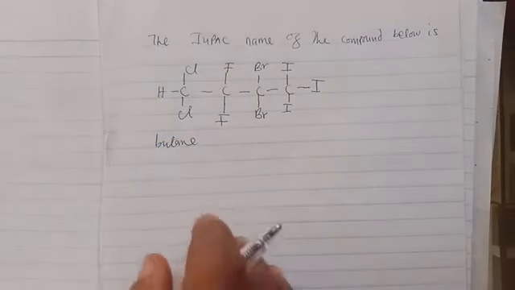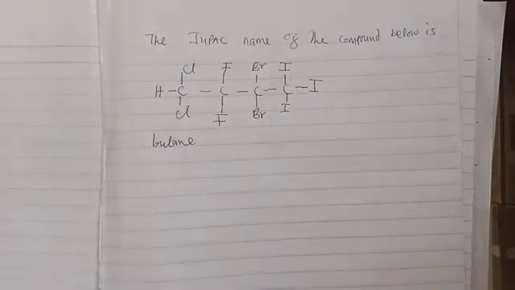Now, second is to number this chain from the side that give the functional group the smallest possible number. But if you look at the functional groups that we have, majorly there is no distinct functional group here. All the substituents we have there are halogens. But in these halogens, there is an order of electronegativity. If you look at the periodic table, all the halogens are in group 7.